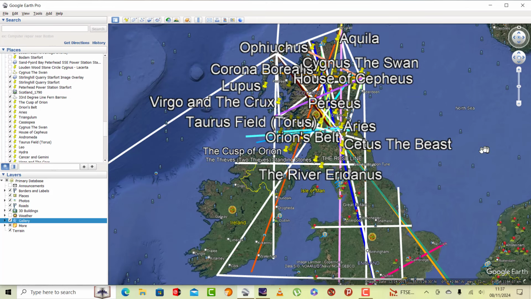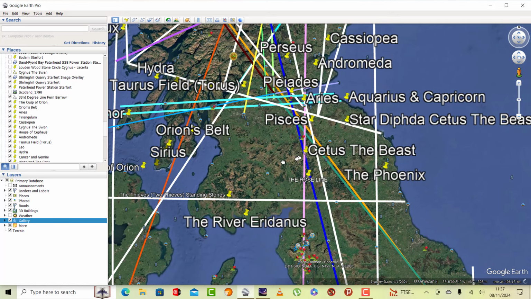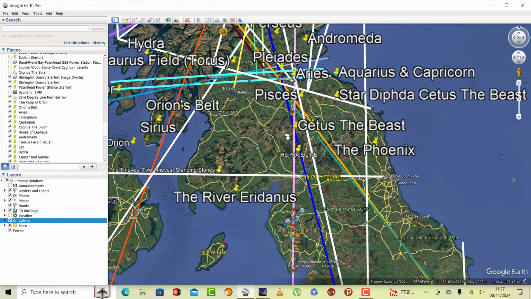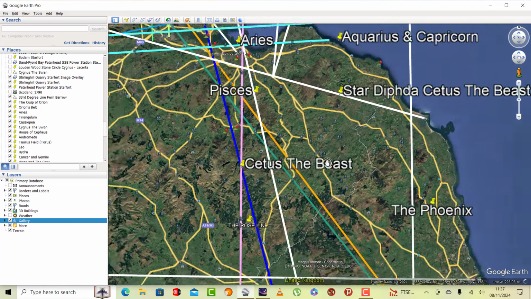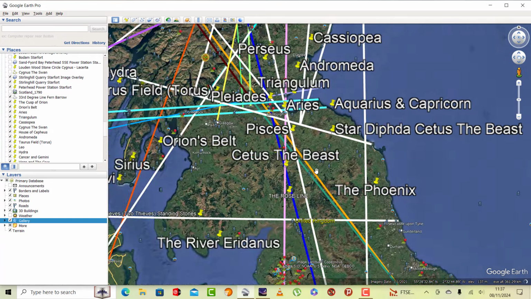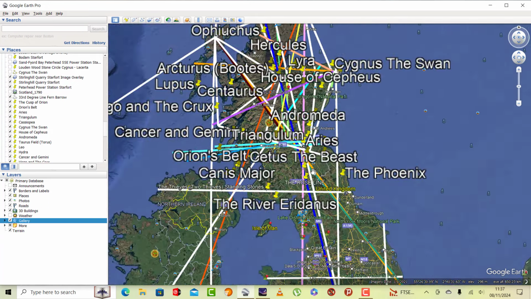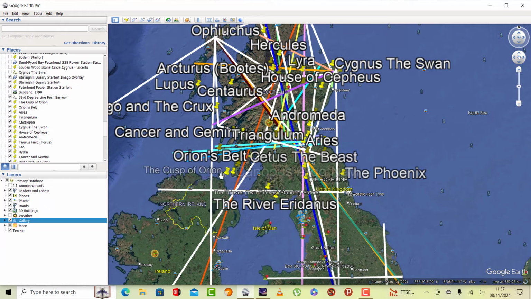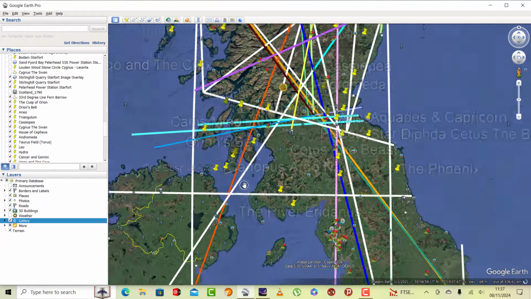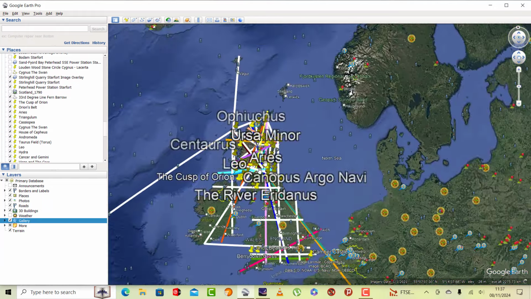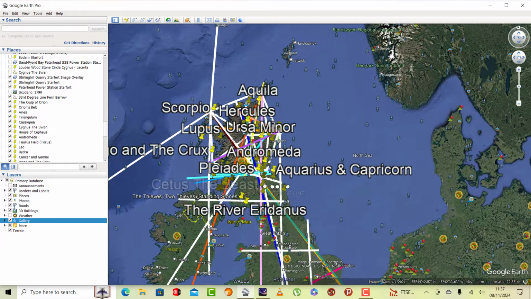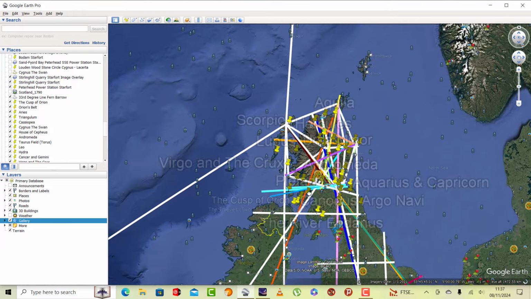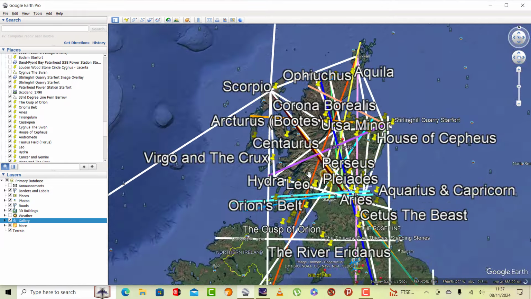And so you see here we've got Orion, and we've got Cetus the beast, also known as the Kraken, also known as the Leviathan. And I'm going to speak about what I know so far. You know, we have Canis Major, we have the Argo Navis, which many people have heard me speak about. So what I've actually done now is I've put all the standing stones in, and all the standing stones are representing all these various signs.